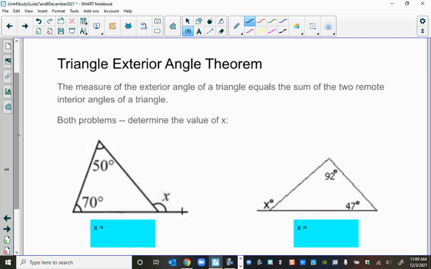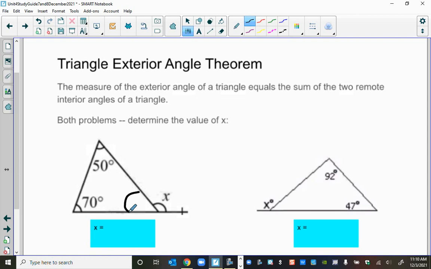To get this last angle, what must we do to the other two angles? Add them. Find the last angle in the triangle. You could do that. You can find this last angle, and then these two have to add up to 180. What else could you do?